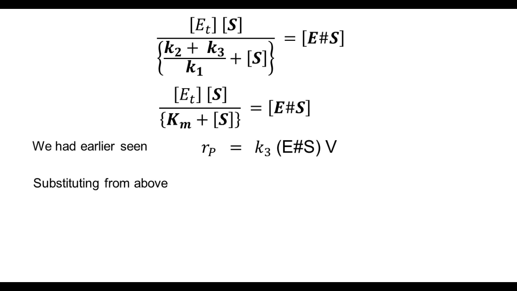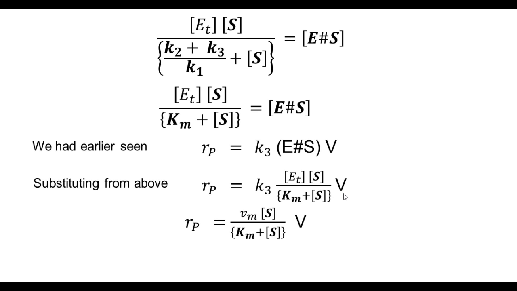So if you substitute the enzyme substrate complex concentration from above, we get the rate of product formation is K3 into ET S by Km plus S in the place of enzyme substrate complex concentration times V. And if I call K3 into the total enzyme concentration ET as Vm, Rp becomes Vm S by Km plus S into V. Note that Rp is on a mass basis.